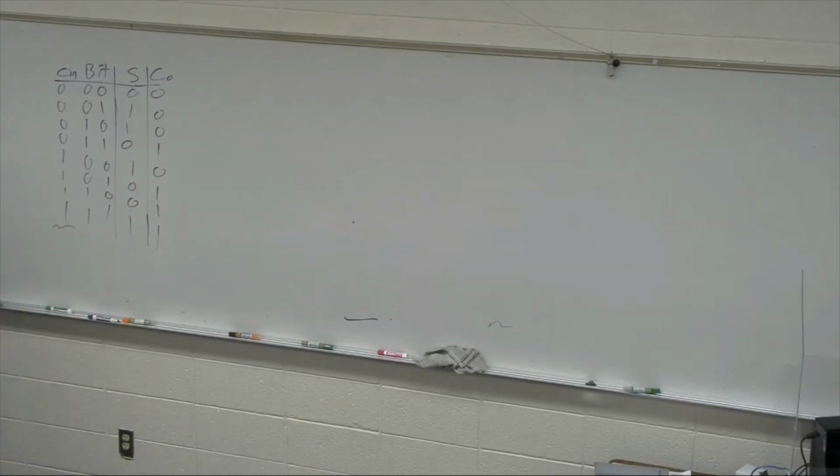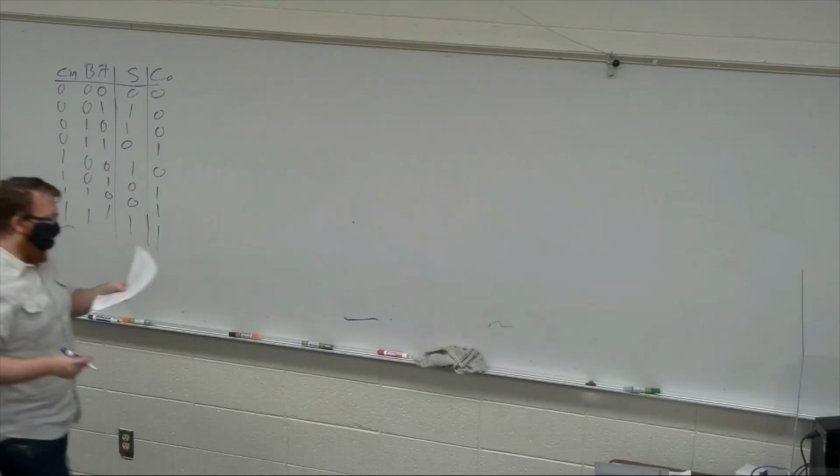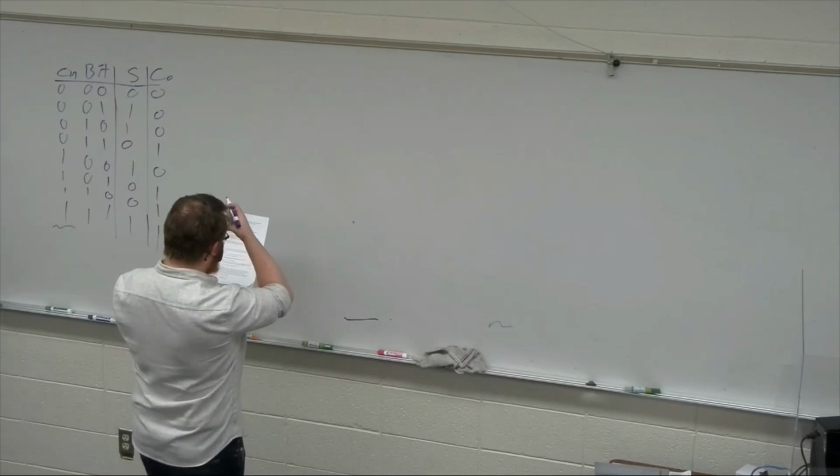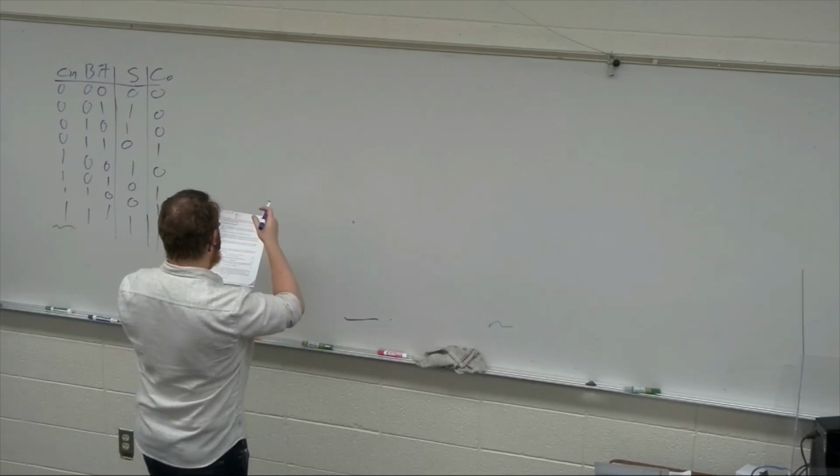Okay. That's all the full adder is doing as far as the truth table goes, right? So what we can see from that is that if you take the expression for this and say throw it into a K-map or something, because I'm going to save the effort of going through that, you're going to end up with an expression that looks something like, I'll make sure I don't get this wrong.